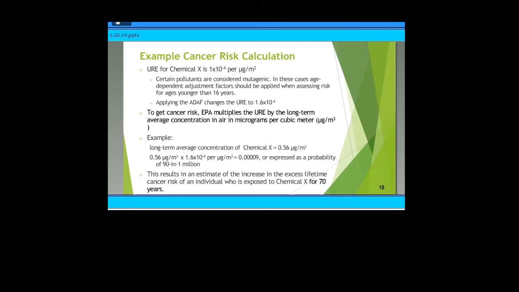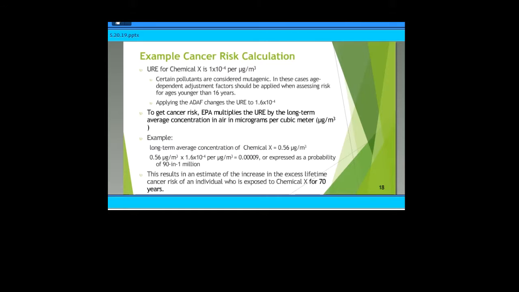So to get cancer risk, we multiply the unit risk estimate by the long-term average concentration in micrograms per cubic meter. So for the sake of the example here, the long-term average concentration of chemical X is 0.56 micrograms per cubic meter, and you multiply that by 1.6 times 10 to the minus 4 per microgram per cubic meter.